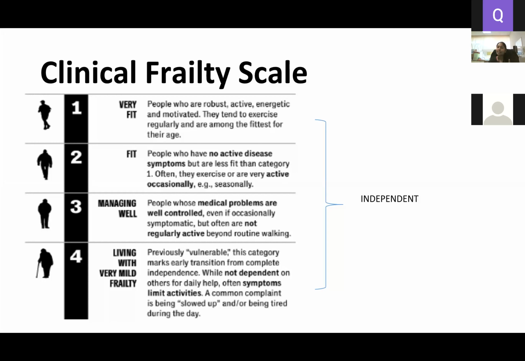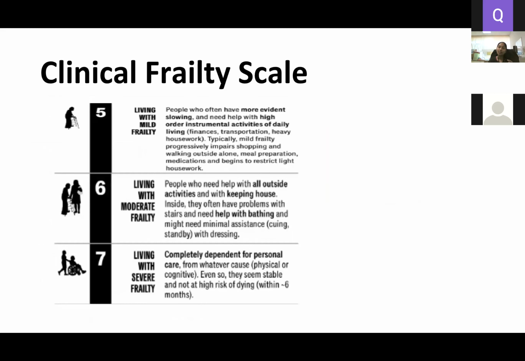Number 4, they are still independent, but they have symptoms that limit their activity. For instance, they have knee pain, so they can't walk or they can't cook. So the active symptoms limit their activity, and they fall into stage 4, living with very mild frailty. Right? So 5, 6, 7 depends on their ability to do their activities of daily living. Number 5, they are independent in the home, but for out-of-home activities they need some help.